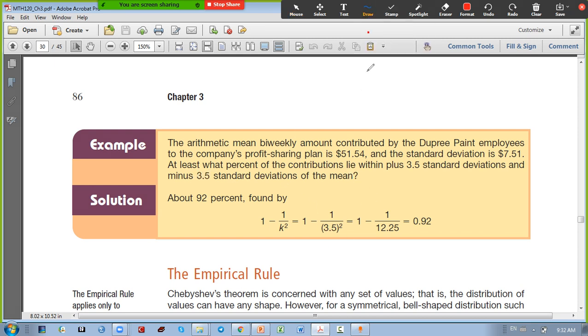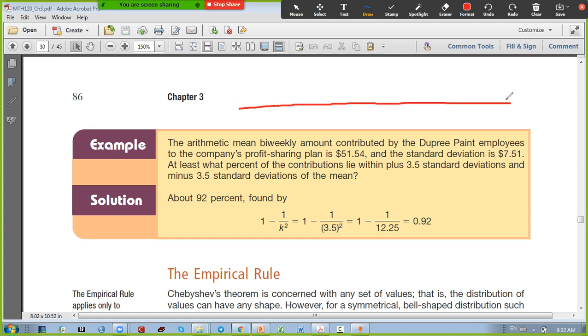I can draw that one. This is the mean. 1 standard, 2 standard, 3 standard, and a half standard.